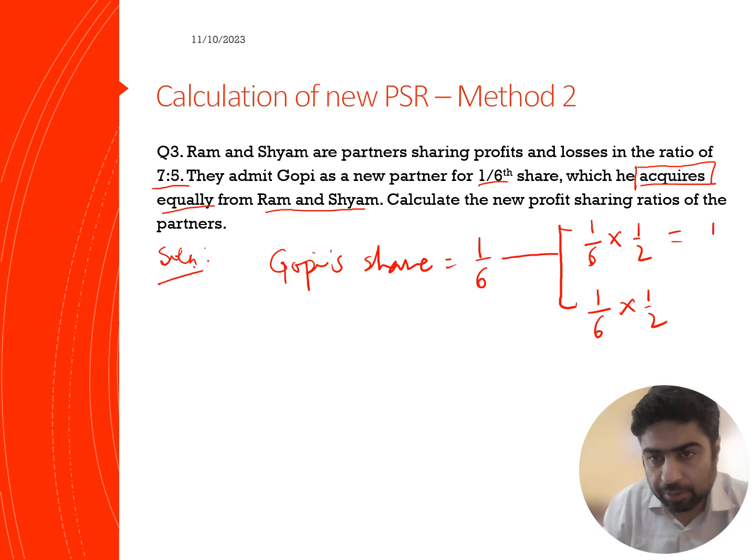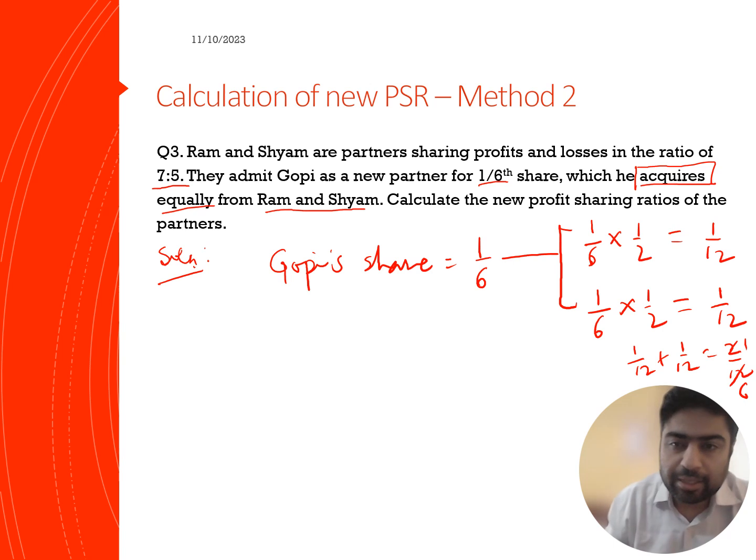So that makes it 1/12 from Ram and 1/12 from Shyam. In any case, if we check whether this value is correct or not, if we add these two values of 1/12, we will get 2/12, which is nothing but 1/6, right?